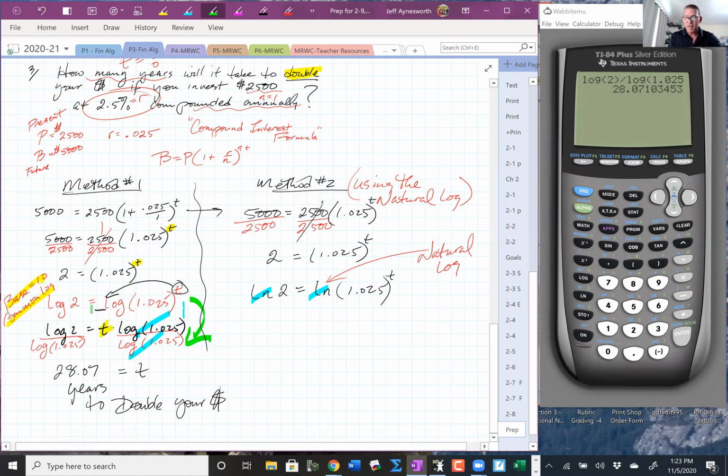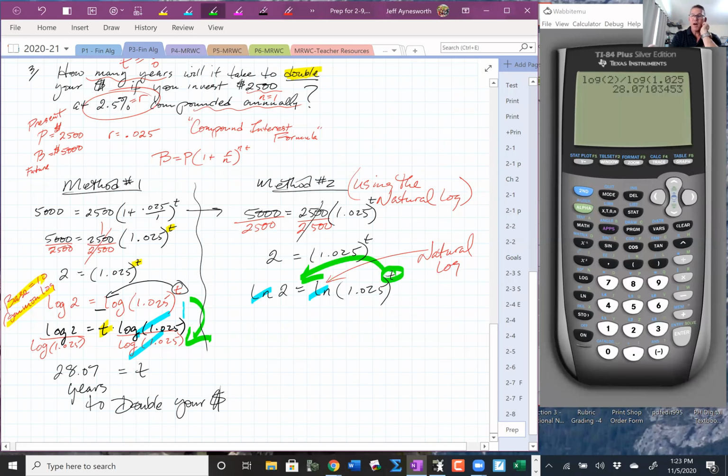From on the left-hand side, we had log of 1.025 to the t power, and it became t times the log. So what happened right there? You move the t over to the front, and then we divide. So we need to do that over here.